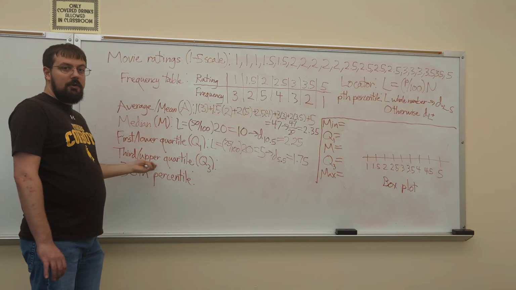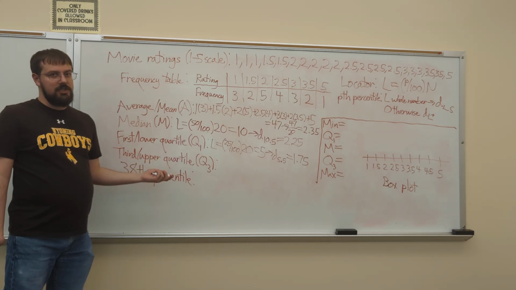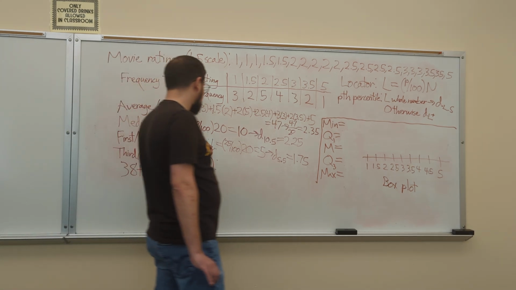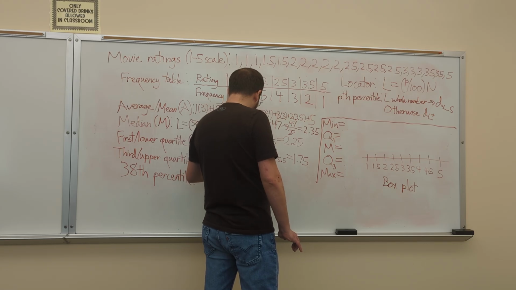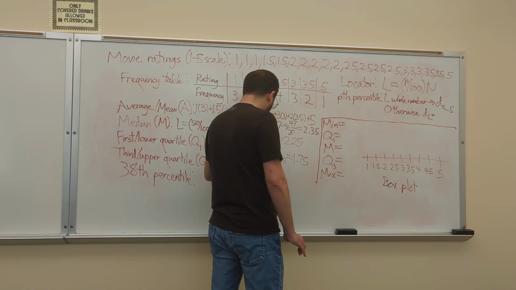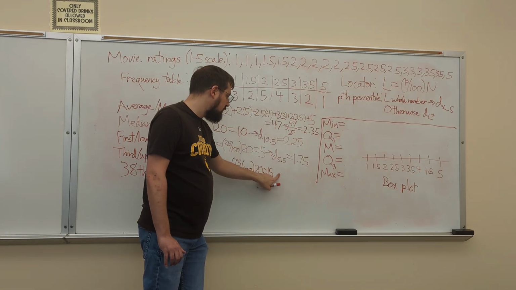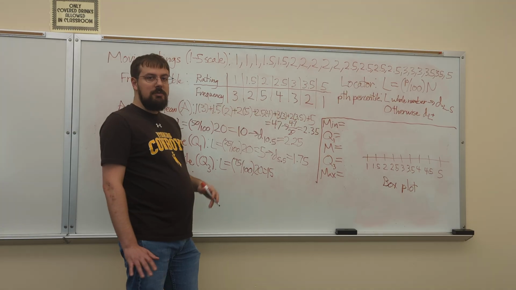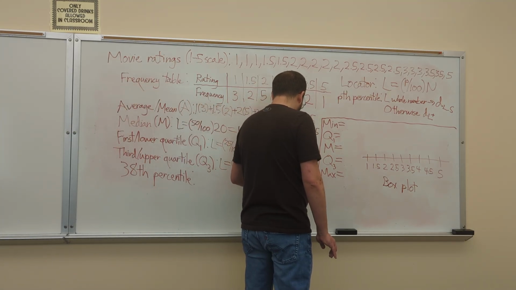Next, we have our third or upper quartile. This is basically just the 75th percentile. So we're going to do the same thing. L equals 75 over 100 times 20. This works out to 15, which means that we're going to go with data point number 15.5.